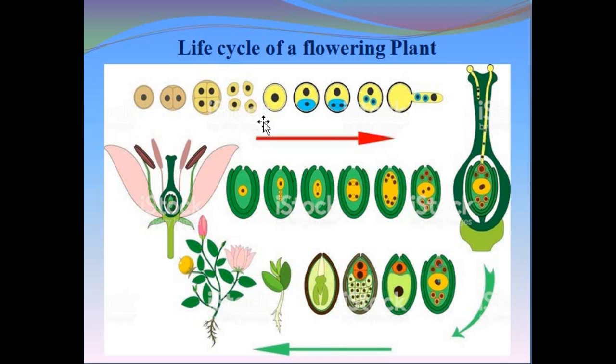There is a formation of 4 haploid spores called microspores, which are otherwise known as pollen grain. This pollen grain undergoes microgametogenesis to form 2 male gametes, which are otherwise known as sperms.